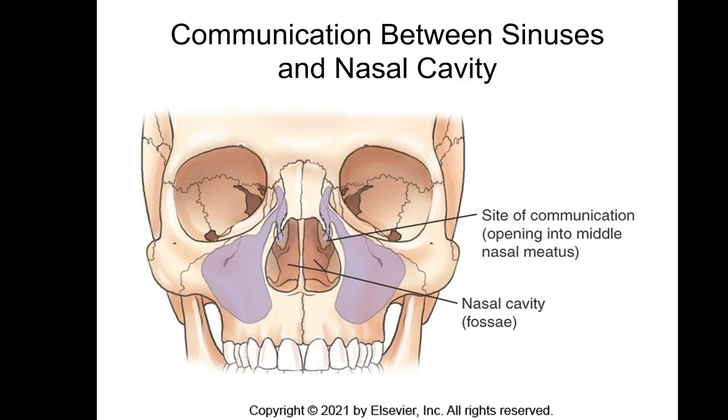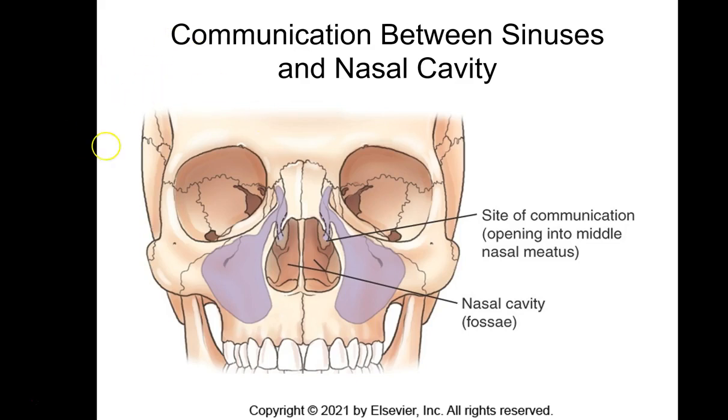All paranasal sinus cavities communicate with one another and with the nasal cavity, which is divided into two equal chambers or fossas. The line of communication from the maxillary sinus to the nasal cavity occurs at the opening into the middle nasal meatus passageway, which is located at the superior and medial aspect of the sinus cavity.